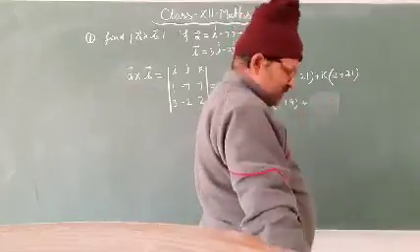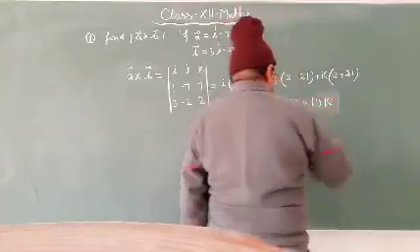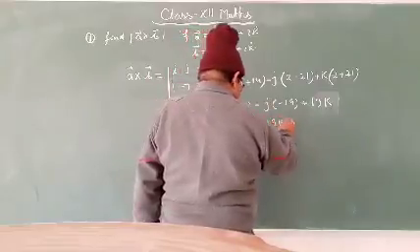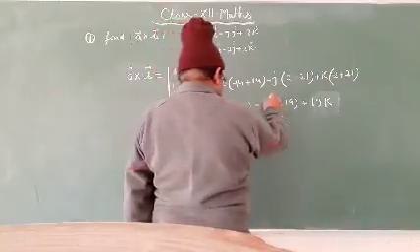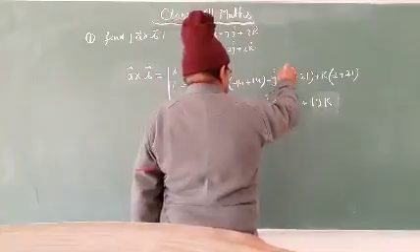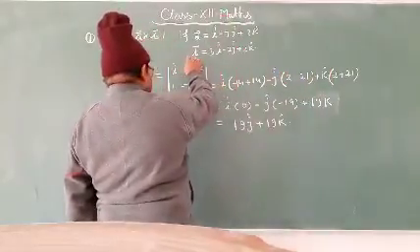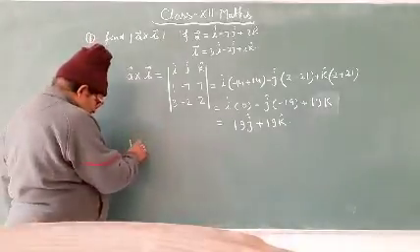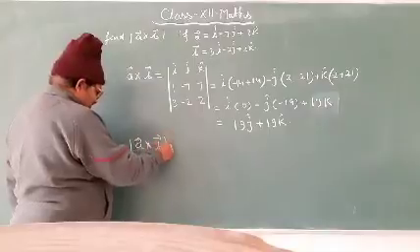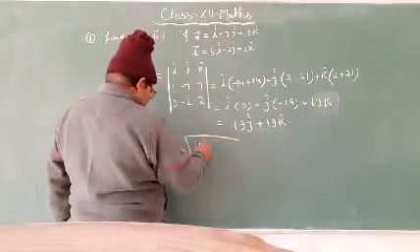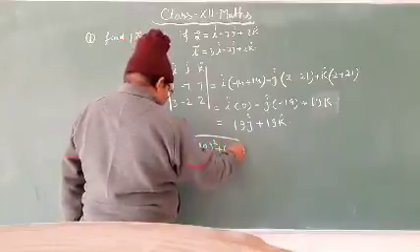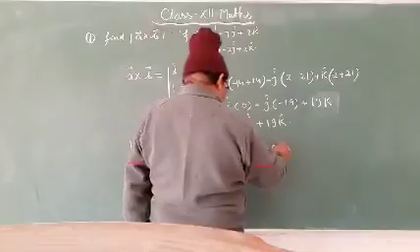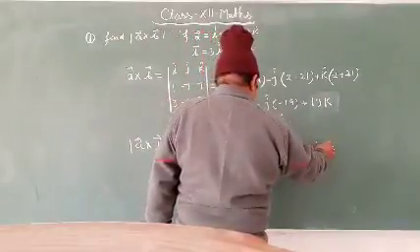So vector A cross vector B equals 19j plus 19k. Now the modulus of vector A cross vector B is equal to under root 19 square plus 19 square, which is 19 under root 2 units.